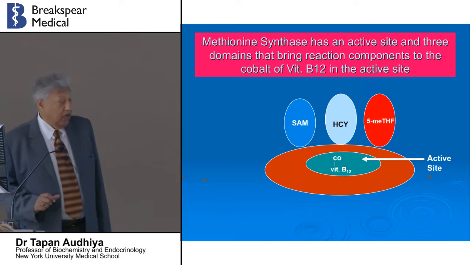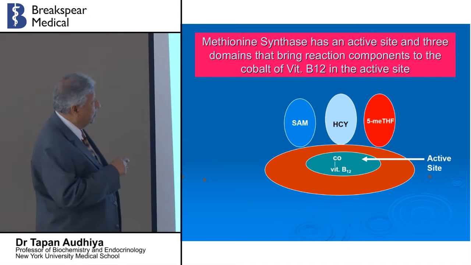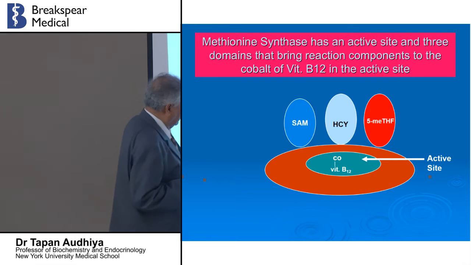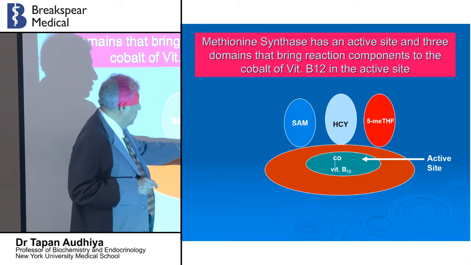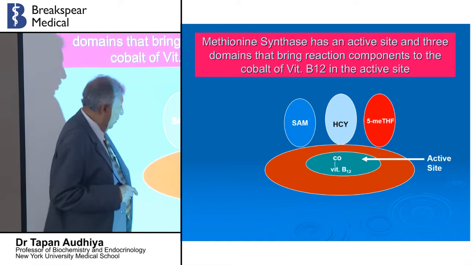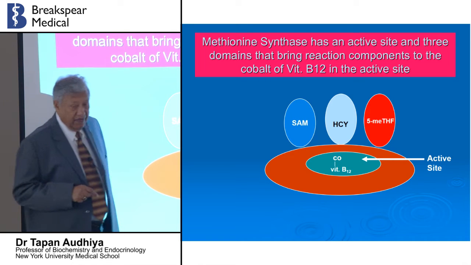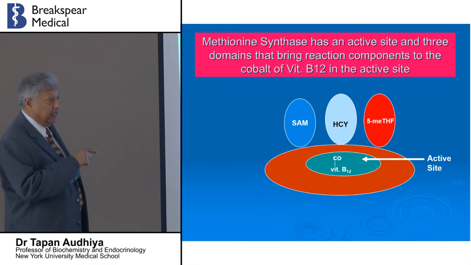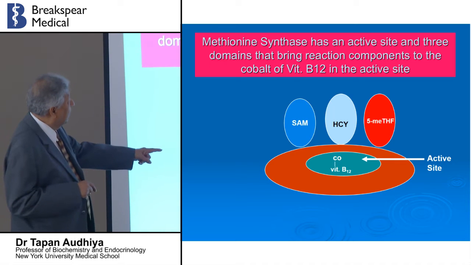Okay. Now I switch over to methionine synthase, the enzyme which actually makes methionine from tetrahydrofolate. That has 3 active sites: SAM, homocysteine, and 5-methyl tetrahydrofolate. And the active site of vitamin B12 is cobalt, which is trivalent, which is a basic activity, which I will show you later how it becomes that.